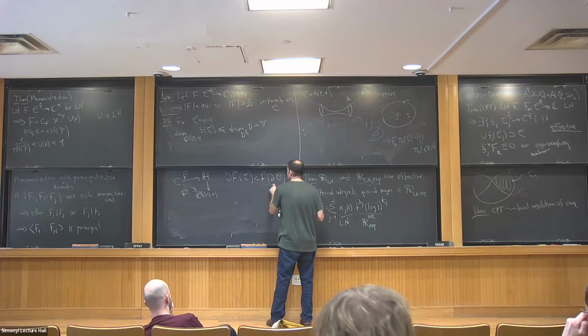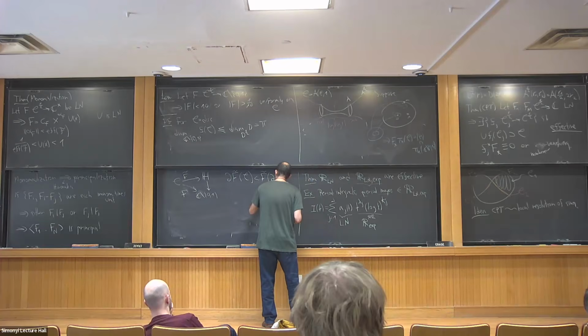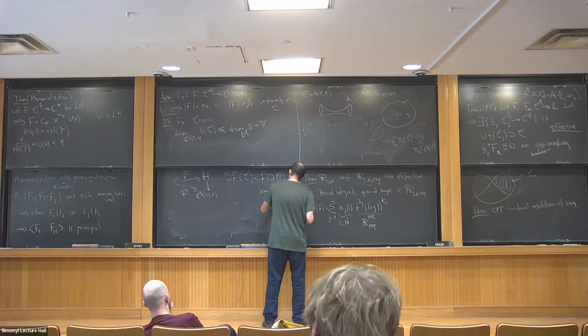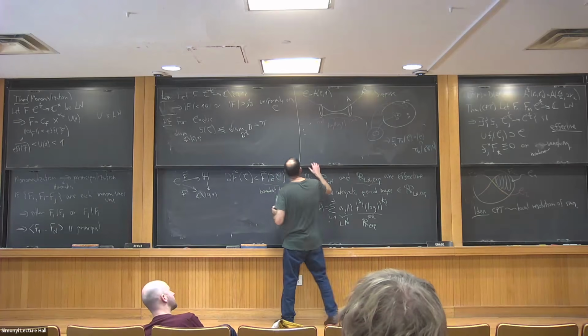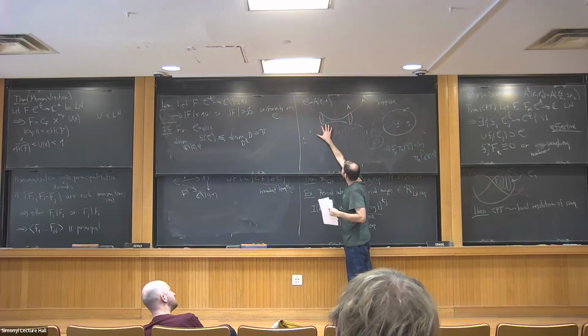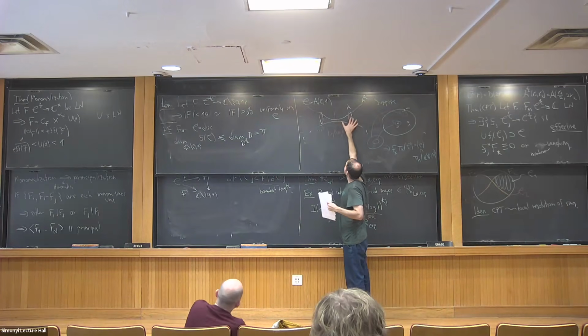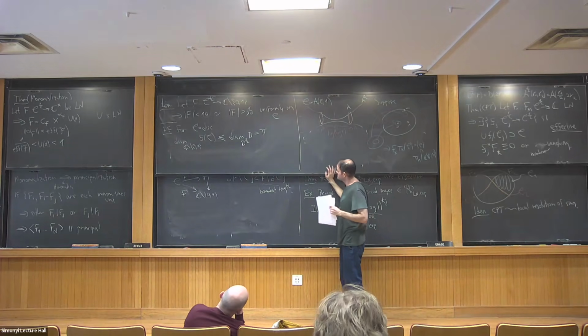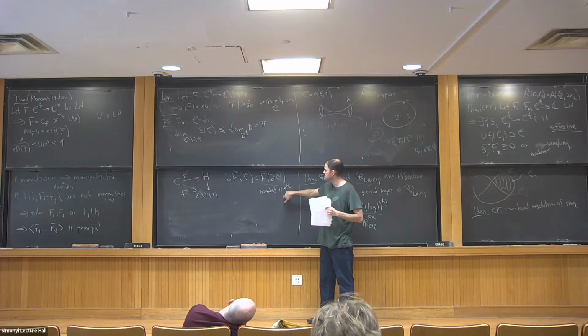And this boundary has bounded length again. The boundary of the image is the image of the boundary, and we said that this boundary has bounded length in the hyperbolic domain. So the image of the boundary is going to have bounded length by Schwarz.